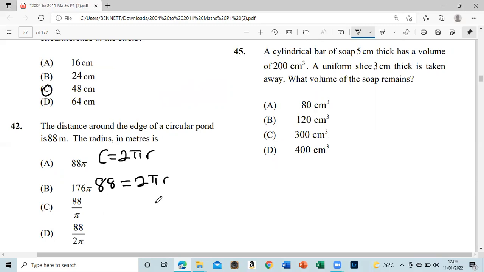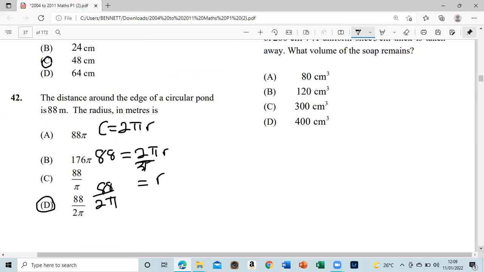So we have to solve for r now. We are going to divide by 2 pi to get rid of it. So it's 88 over 2 pi, and that would give us r. Alright. Let's move on to 43.